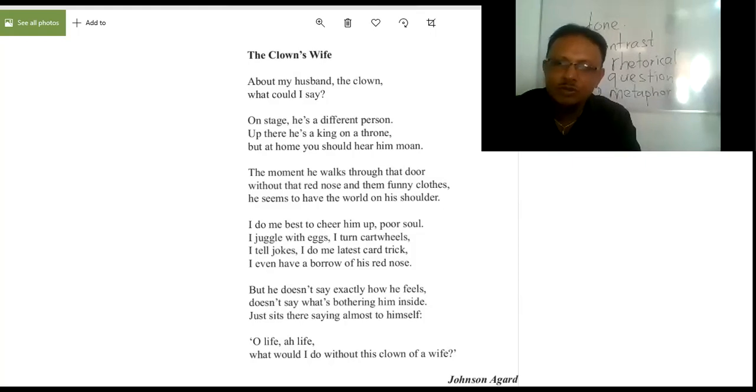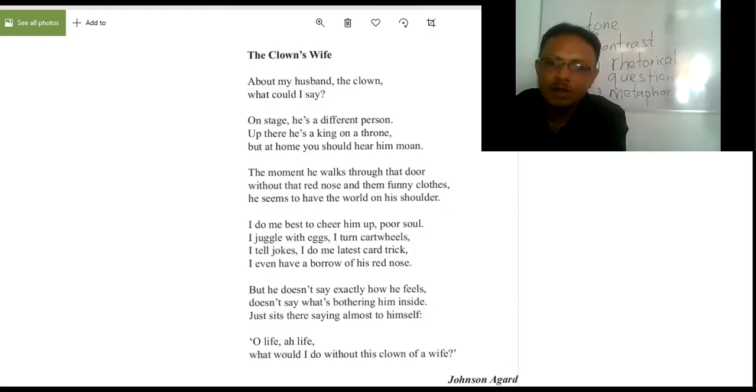So the writer shows another aspect of life. That is, the person has two types of personal traits, two types of life, that is personal life and public life. So we can enjoy this poem because it is an eye opener. It makes the readers understand that what is seen really is not always the truth. So that is one of the main themes of this poem.